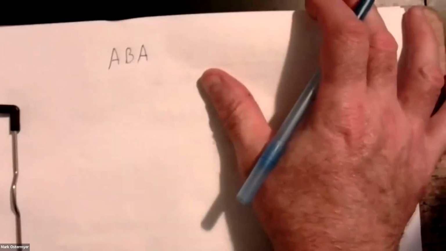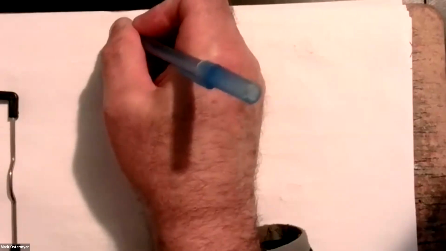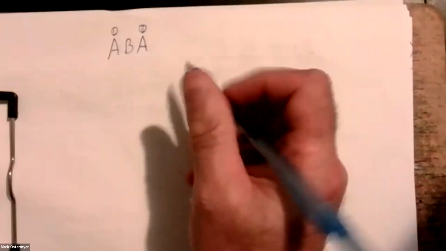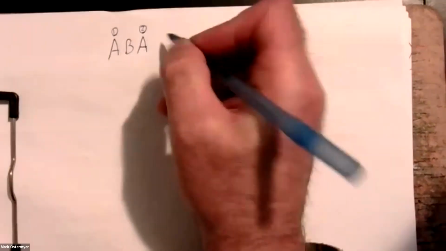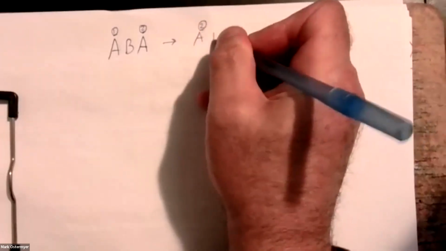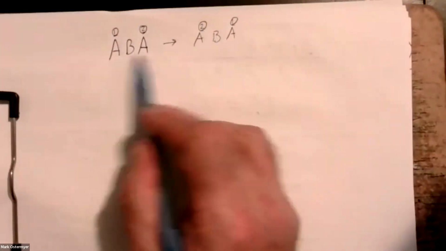Well, check this out. If I called this A my number 1 A and this A my number 2 A, if I rearrange the number 1 and 2 A's, will I have a unique word? Does this word look any different than this word here?